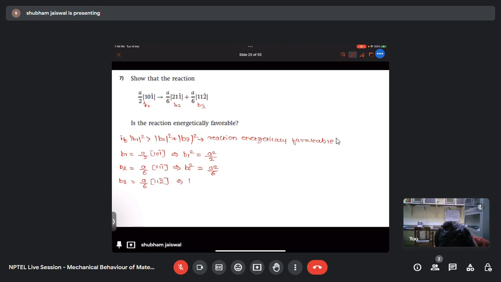So B3 square will be a square by 6. So B2 square plus B3 square will be a square by 6 plus a square by 6, which is a square by 3.